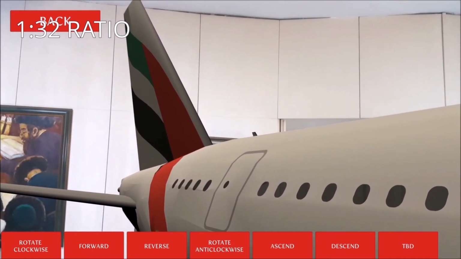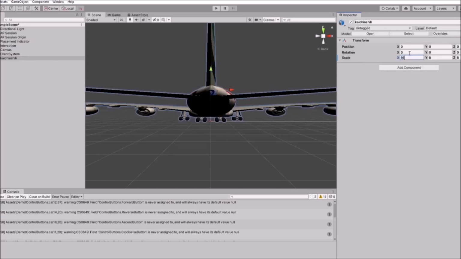Yep, at that stage we start having troubles rendering the entire aircraft.